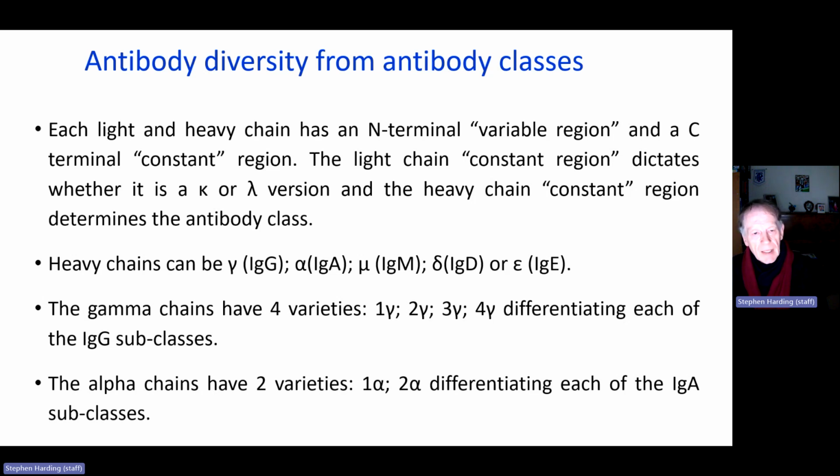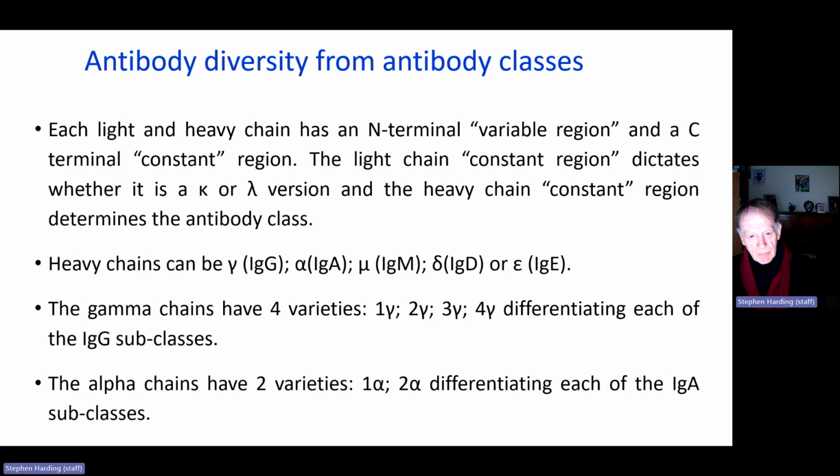Right, so first of all, each light and heavy chain has an N-terminal variable region and a C-terminal constant region. The light chain constant region dictates whether it is a kappa or lambda version, and the heavy chain constant region determines the antibody class.